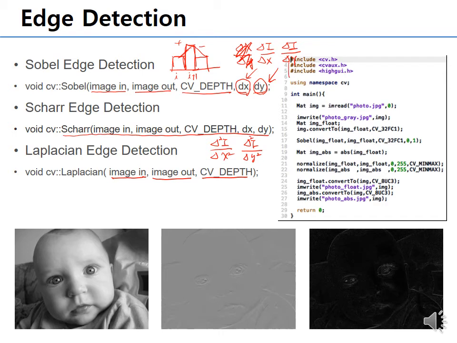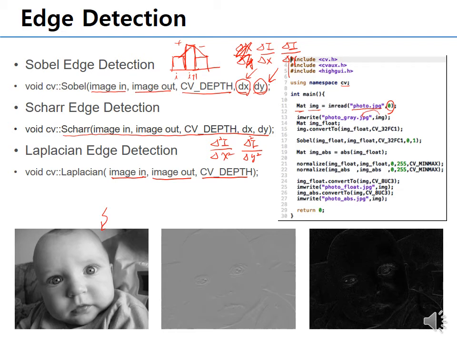There is an include file, and they use namespace cv, and in this example program, they read photo.jpg. This is an input file, and 0 means a grayscale image. It reads the image and assigns it to the Mat, and imwrite copies it to photo_gray.jpg.